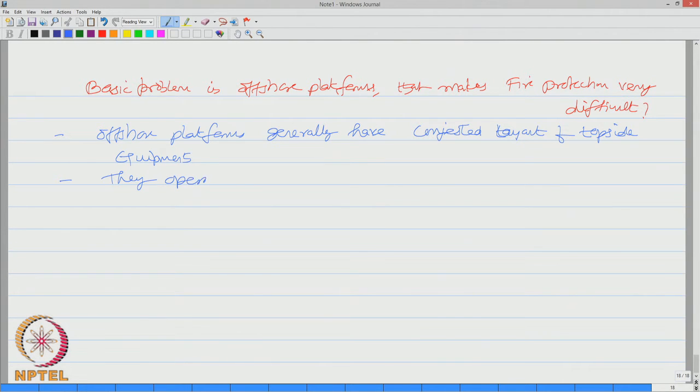They operate in a very confined and compact space.